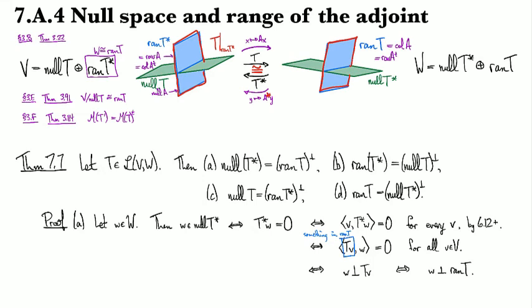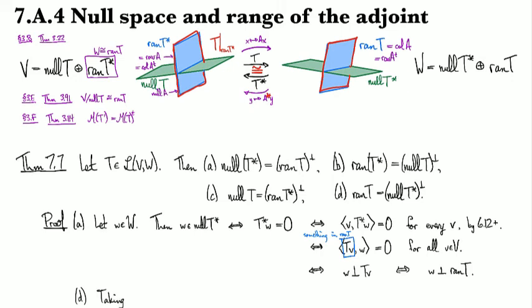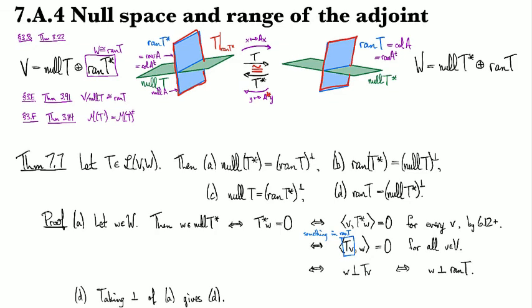So now if we look at D, if we just take orthogonal complements of A, that gives D by the properties of orthogonal complement.